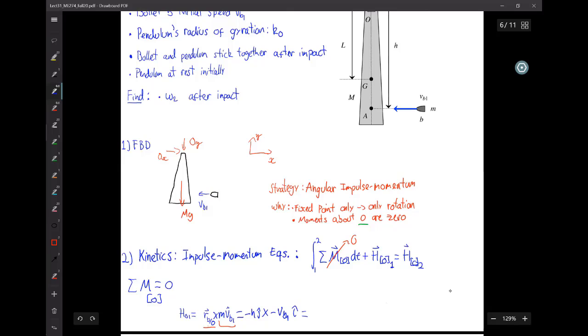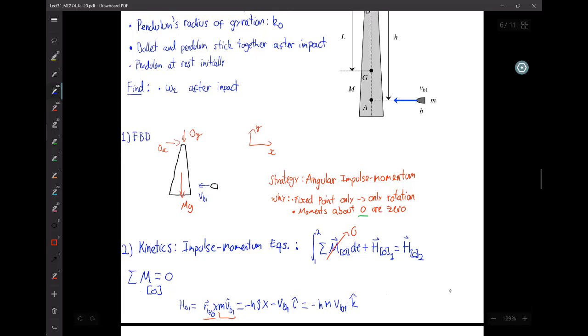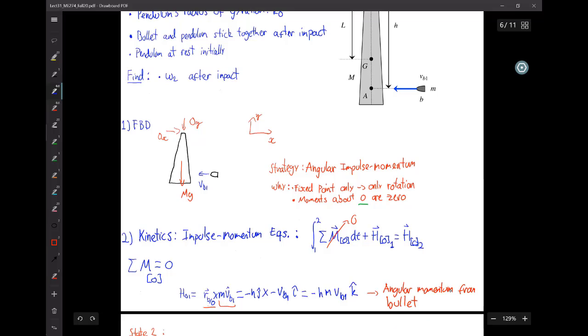So we have negative times negative, that's positive, and j cross i is negative k. So we get the initial momentum is h m v_B1 in the k direction. And remember, we only have angular momentum due to the bullet. But the k direction, of course, is out of the plane.